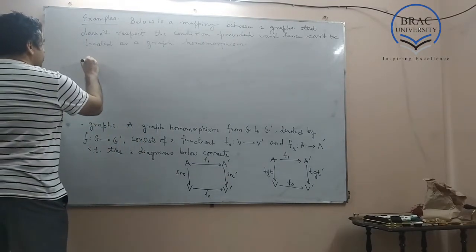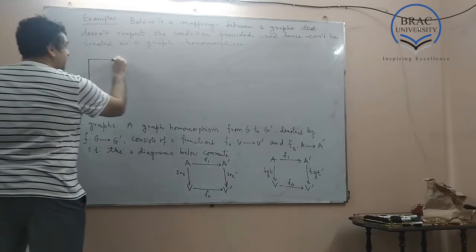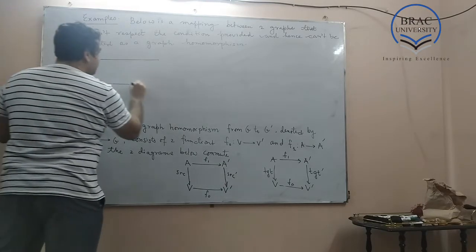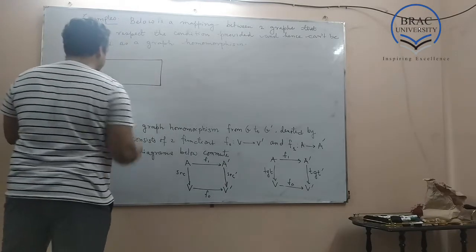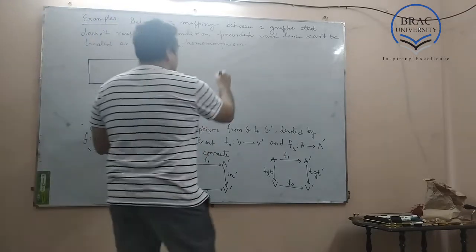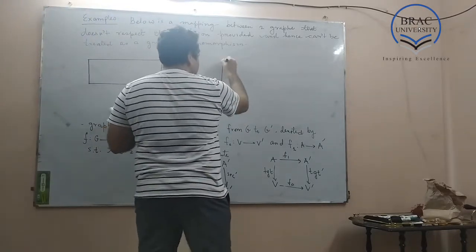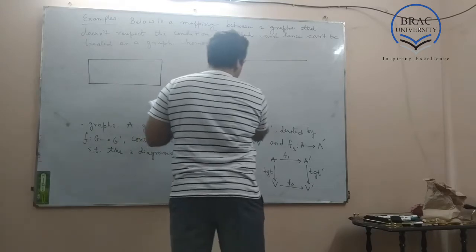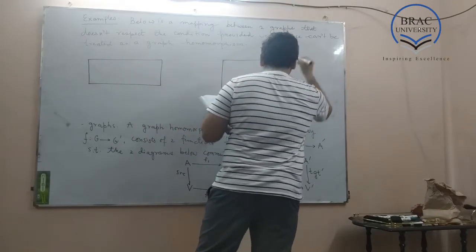So let me draw two boxes first. This is one box containing one graph. On the right there is another box containing another graph. Okay.